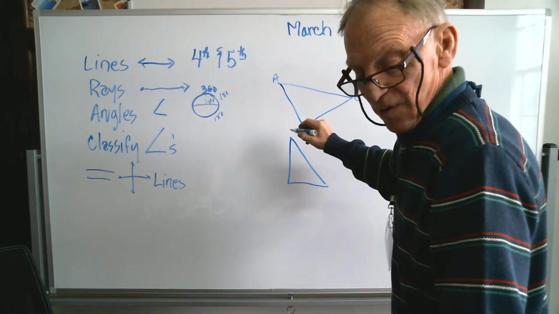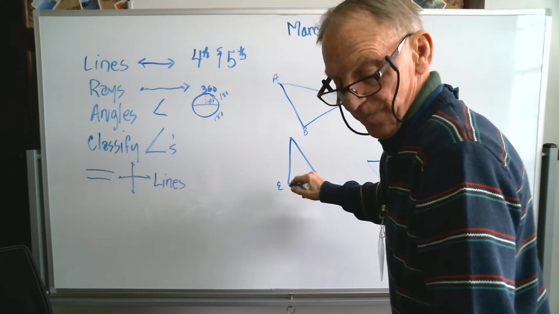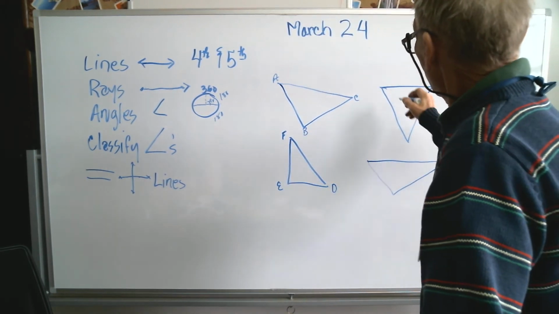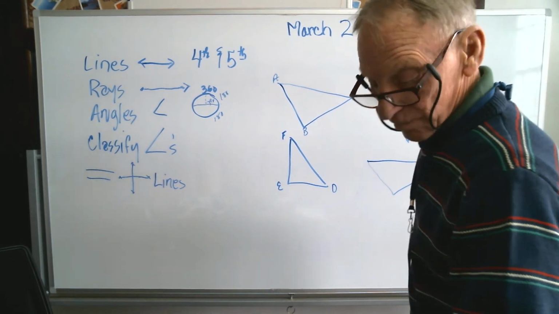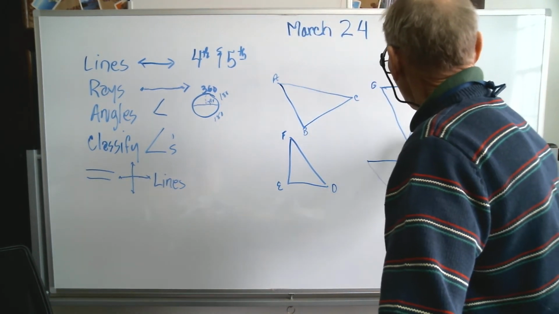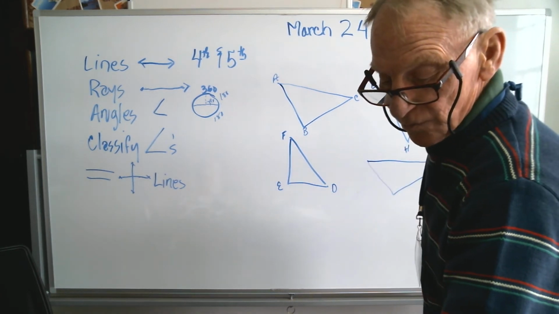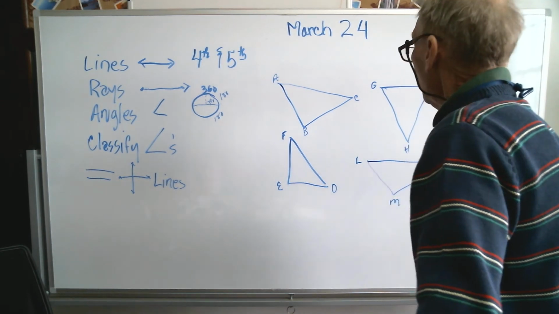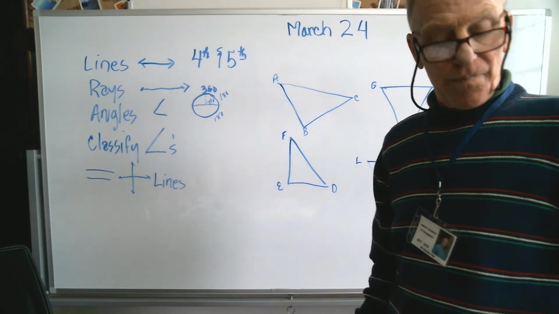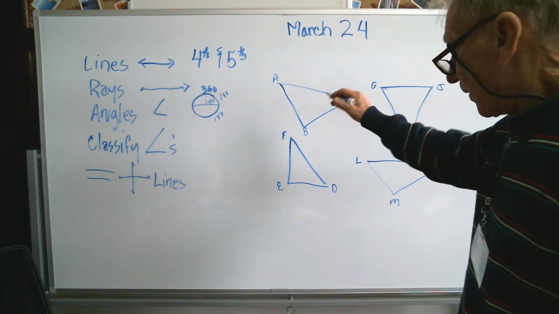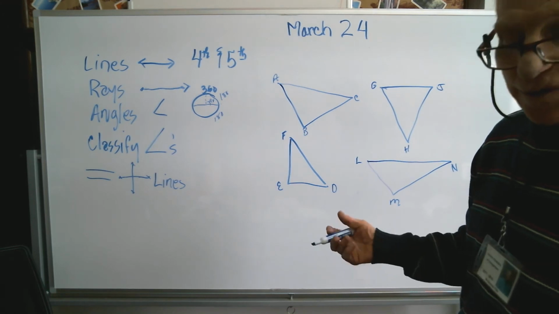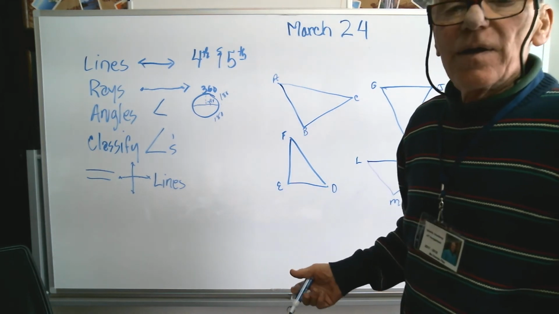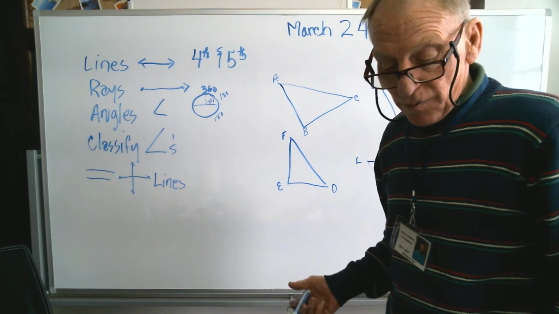This one here we'll call E, D, and F. This one here we'll call G, H, and J. And the last one will be L, M, N. This is pretty standard practice, because when you label them, then you can make reference and people know exactly what angle you're looking at based on the reference.